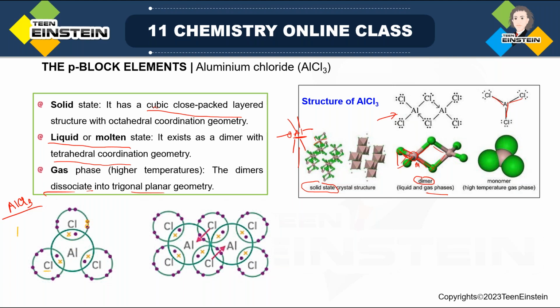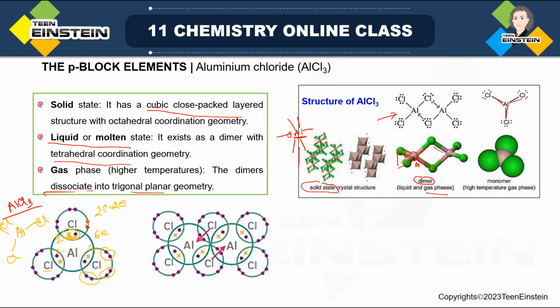There are a total of 3 aluminium chlorine bonds, and in each of these bonds, 1 electron is coming from chlorine and another electron is coming from aluminium. So it is a normal 2 center 2 electron bond. But if you look carefully, surrounding aluminium there are a total of 6 electrons present, 2, 2, 2. These are the lone pairs of chlorine not used for bond formation, but surrounding aluminium, the total number of electrons is only 6.